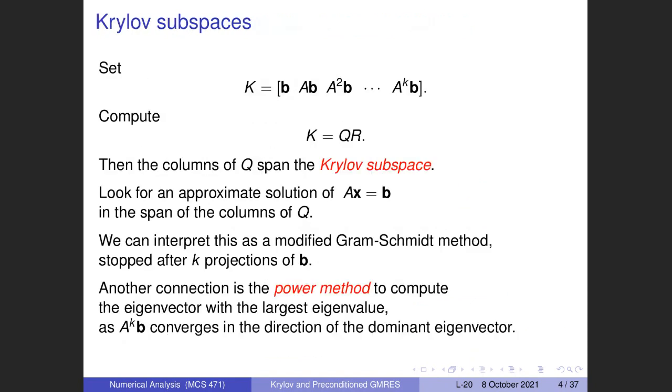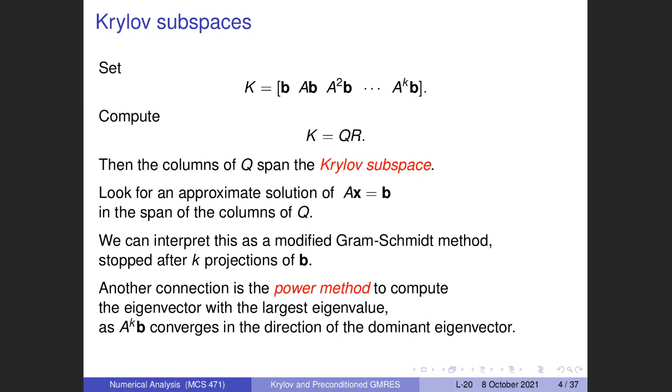All right, so here are some definitions. The columns of the matrix K define a Krylov subspace. Now, if you compute these products, at some point you would stop at some little k, because you might notice that these numbers are starting to grow very rapidly.